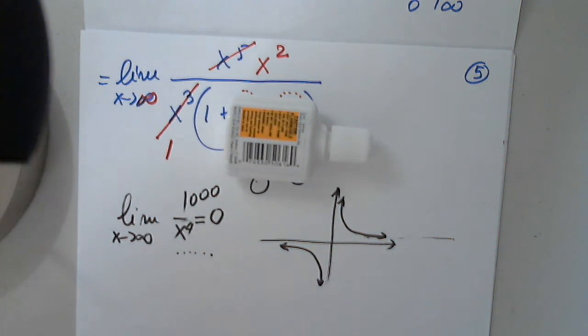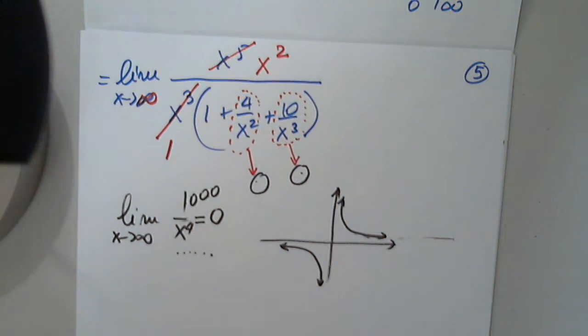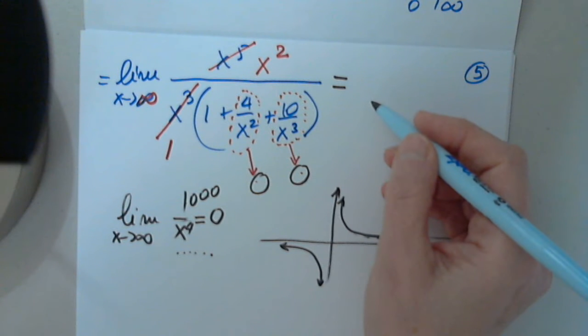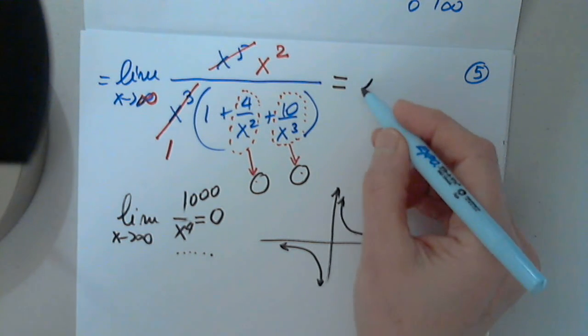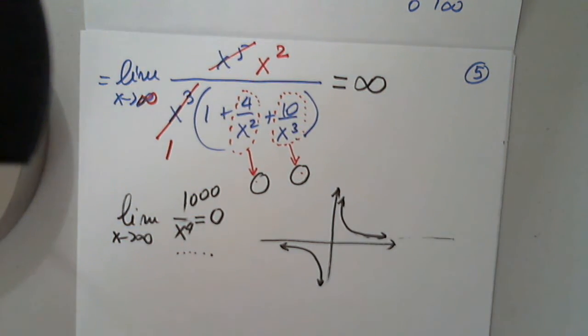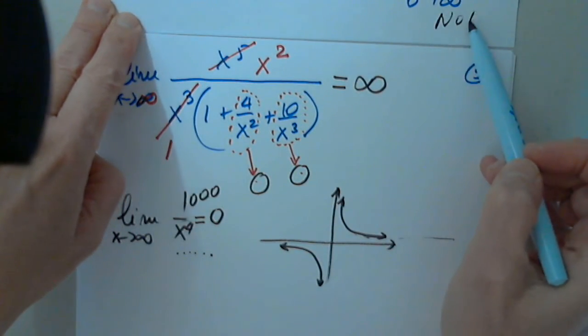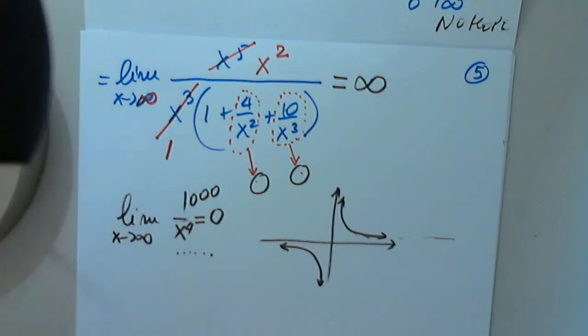Because x squared over 1 or x squared is the same thing. Would that be infinity? Absolutely. So it happened that there was no hope in this case. The limit did not exist.